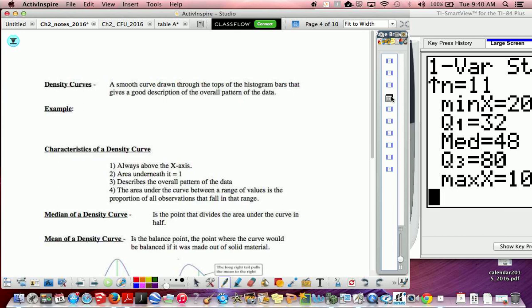Basically, a density curve is simply a smooth curve drawn over the tops of the bars of your histogram. So if I draw a quick little histogram here, one that's skewed to the right, all a density curve is, is a smooth curve drawn over the top of our histogram.